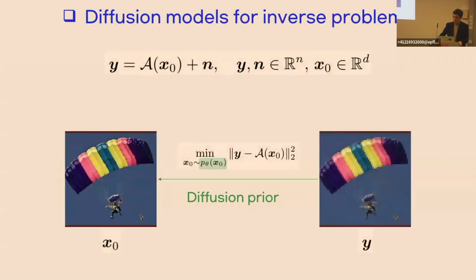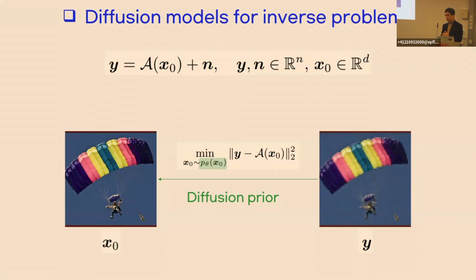The goal of the diffusion model for inverse problem solving is like this. We have a measurement y equals Ax plus noise, and this is a simple forward model. Most of the time, our goal is minimizing the data fidelity term, y minus Ax, finding x0 to minimize this data fidelity term, okay?